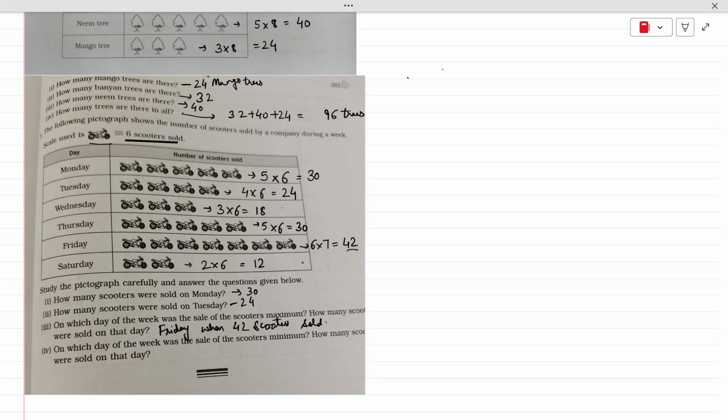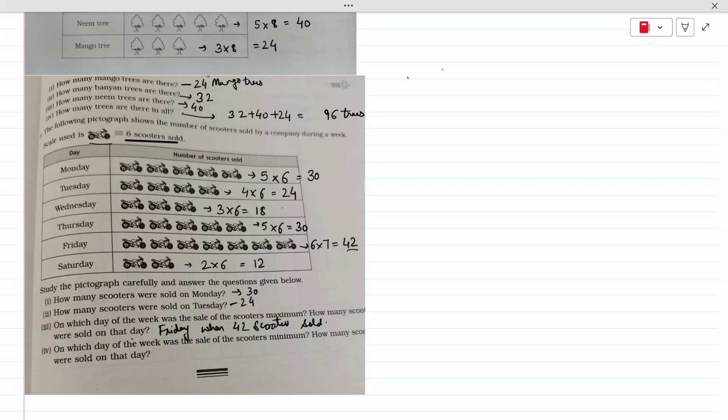Okay. So this is clear. We have to find the maximum, so we have to go for the largest number among all these, which is 42. And 42 corresponds to Friday. So 42 scooters were sold on Friday, which is the maximum number.